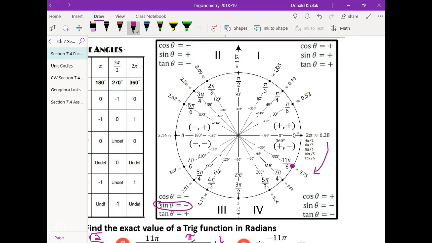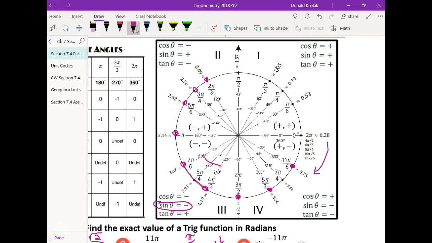So this is 1 pi over 6, 2, 3, 4, 5, 6, 7, 8, 9. Whoops, where did I miss one? 1, 2, 3, 4, 5, 6. No, see, these are 30. This is pi.